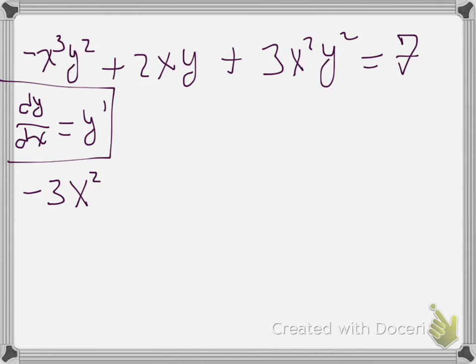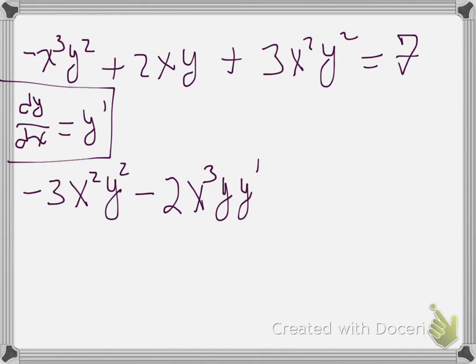Negative 3x squared y squared minus 2x cubed y prime. Remember, because we don't know what y is, we know it's some function of x, but we have to remember the chain rule.